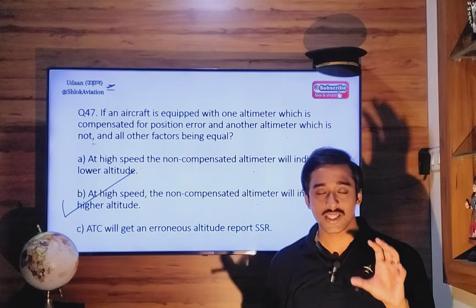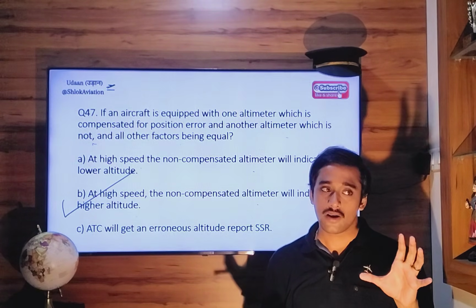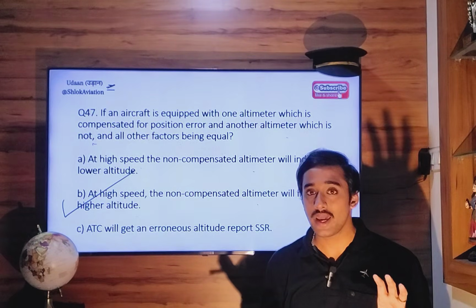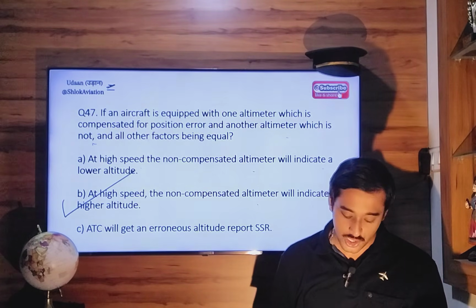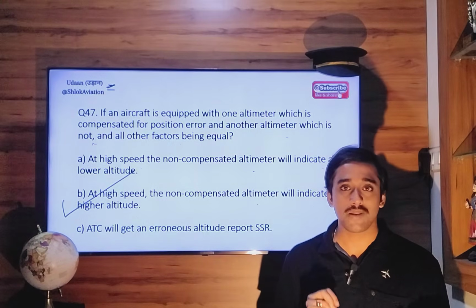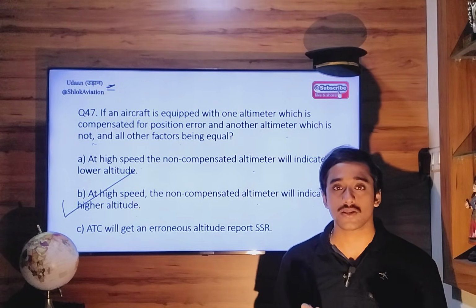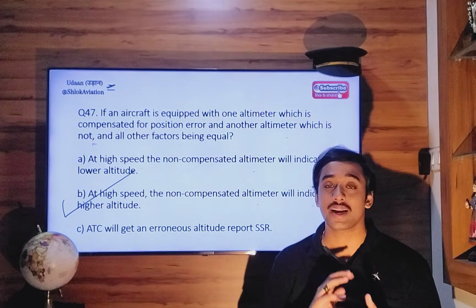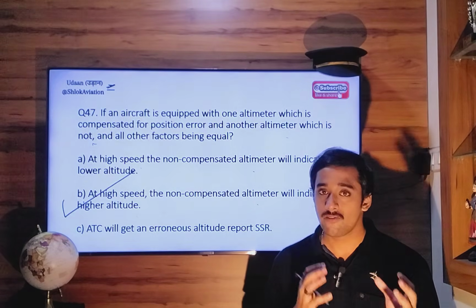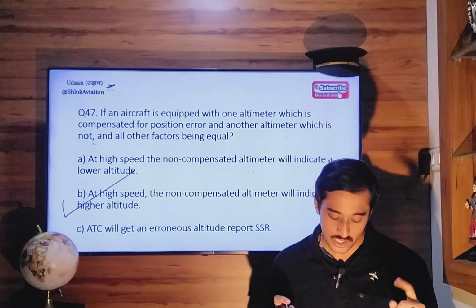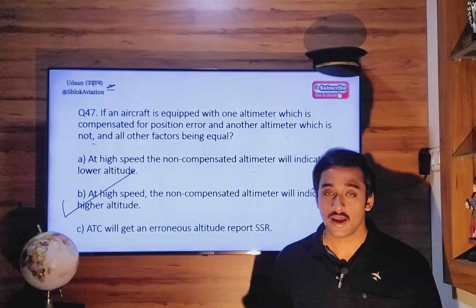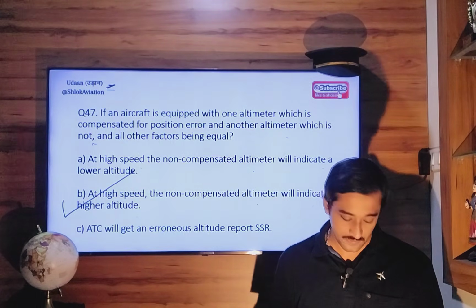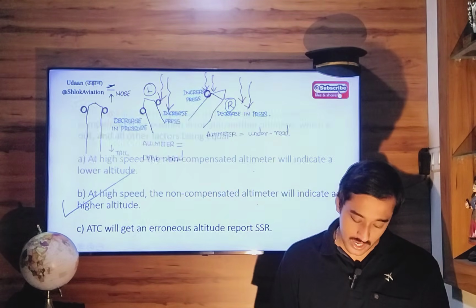So the altimeter thinks of these lower static pressures as higher altitude. So the correct option is that at high speeds, the non-compensated altimeter, the altimeter which is not corrected for this kind of error, will be subject to this error, and it will show erroneous information, a higher altitude. Next, question 48.